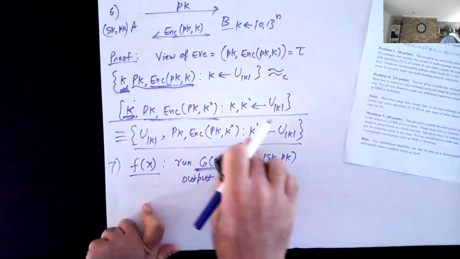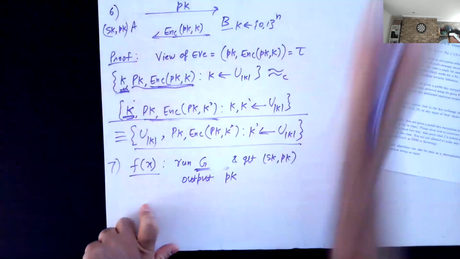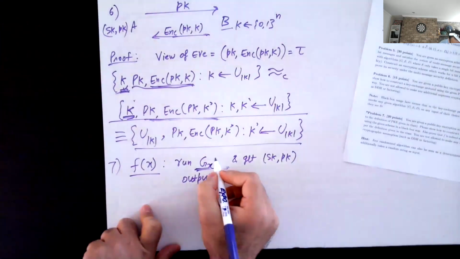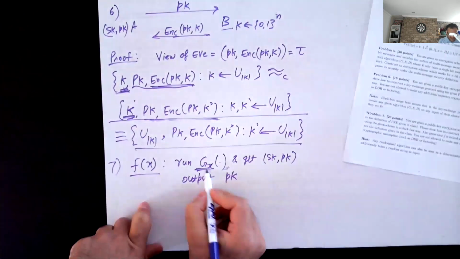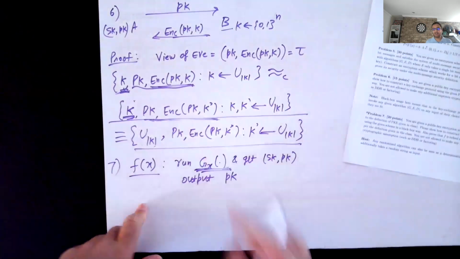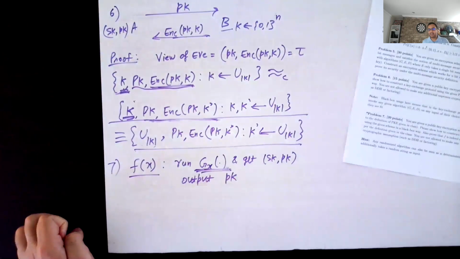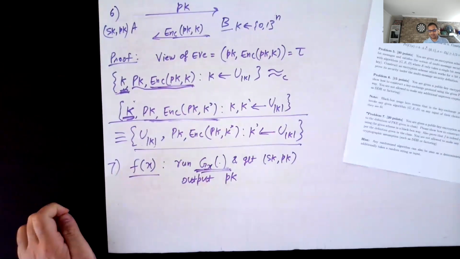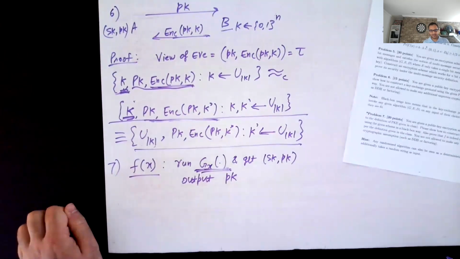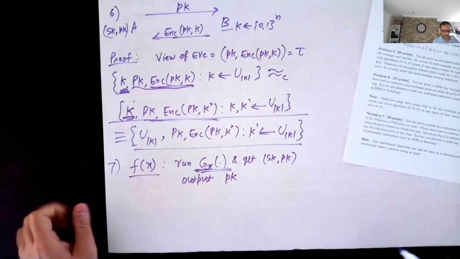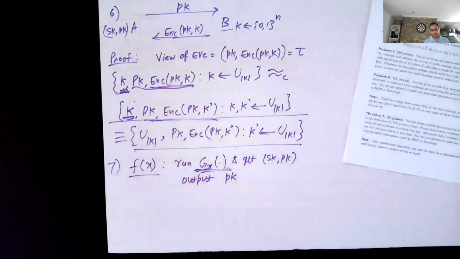Rather, let me write it in a different way. This is the key generation algorithm where you use x as the randomness, as the random tape. And once you decide the random tape, the key generation algorithm essentially becomes deterministic.